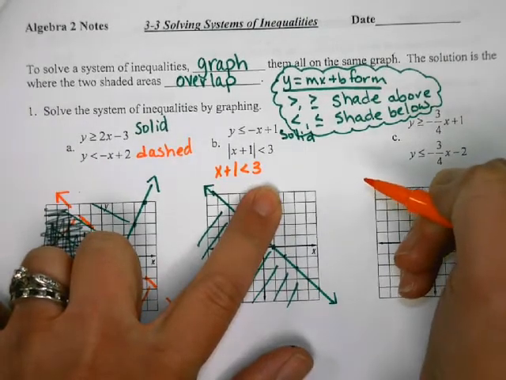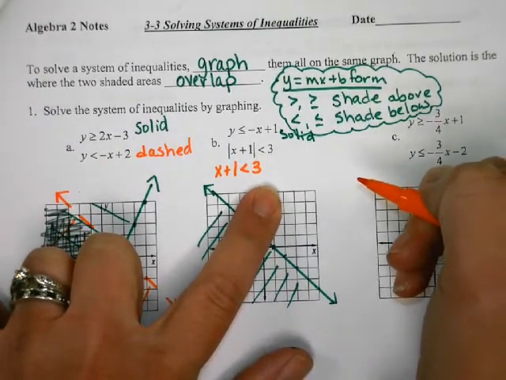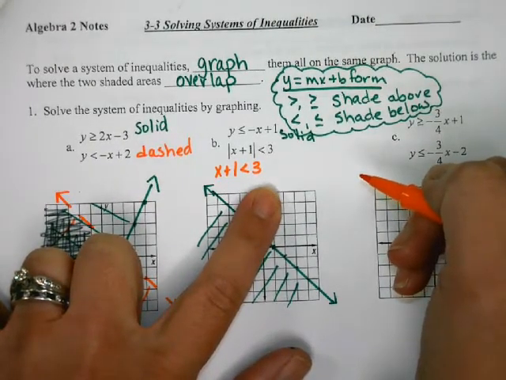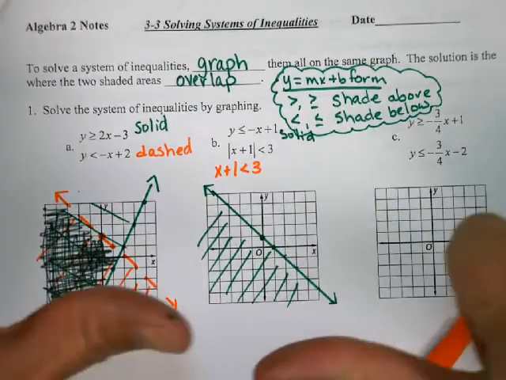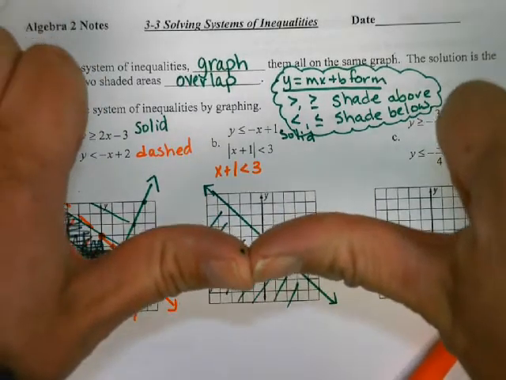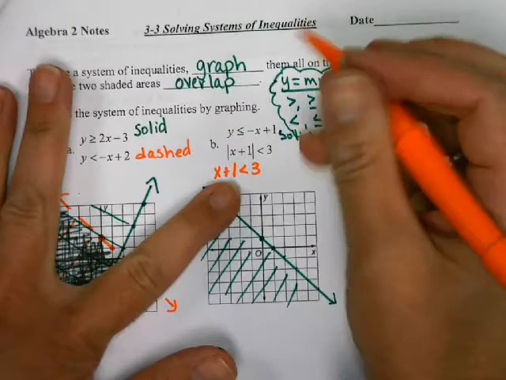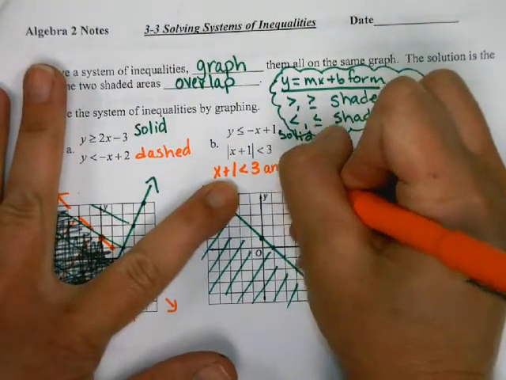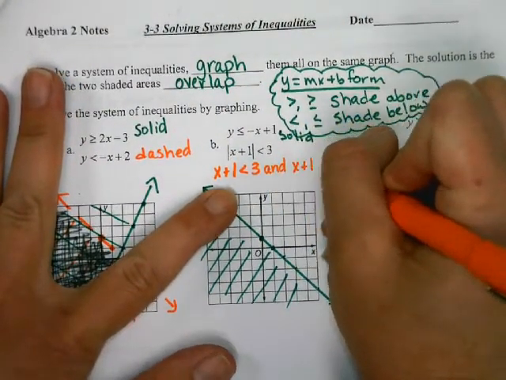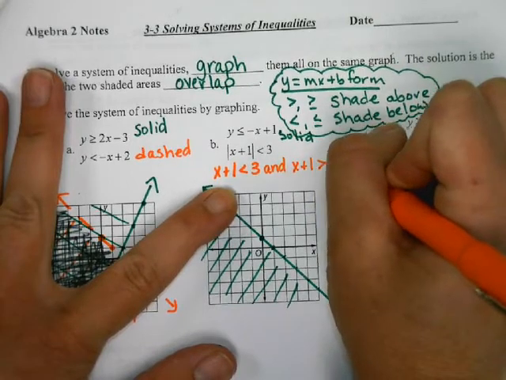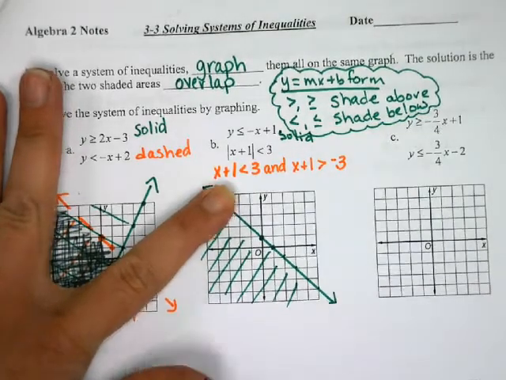Is this guy an and or an or? It's a less than. I want to go a distance less than 3. He's going to make an and. And x plus 1 is greater than negative 3.